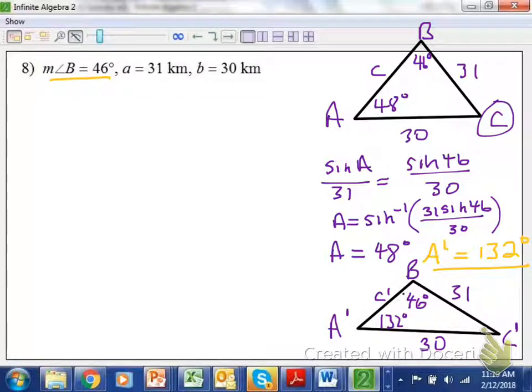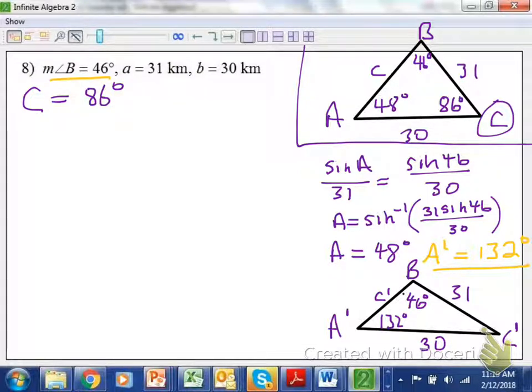So let's go back up to our first triangle and solve it, this one. What's the measure of angle C? 46 plus 48 is 94, which means we've got 86 degrees left there. C is 86 degrees, which means little c over sine of 86 is equal to 30 over sine of 46.